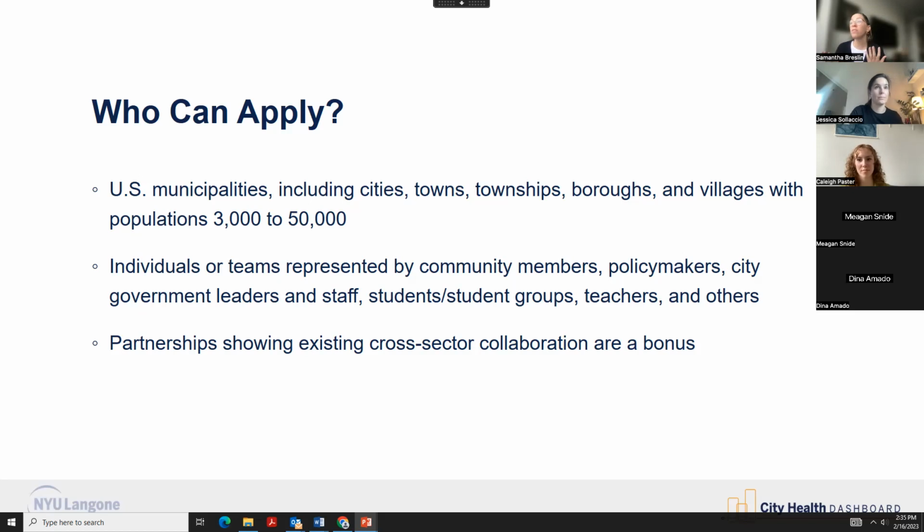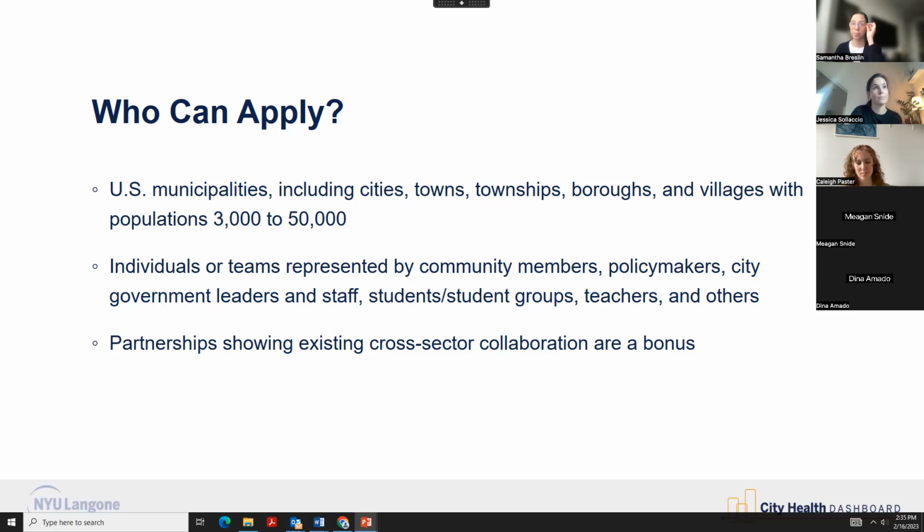And then in terms of the actual people applying, it could be an individual from a health department or someone who works on a cross-sectoral team comprised of a local government, a nonprofit, a hospital center, whatever it is, as long as they're represented by the community, by the government, by staff, by teachers, that is fine with us.